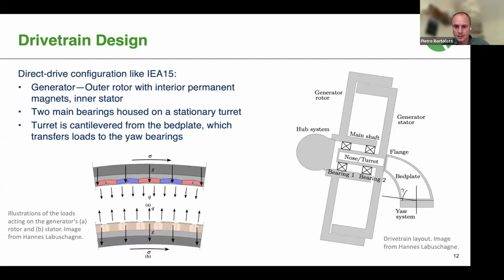You see in the image on the right, which should not be to scale. And then, like the IEA 15, we have a conical bedplate with a flange connecting to the generator stator, transferring the loads from the turbine rotor and the hub onto the yaw bearings, and then the tower.